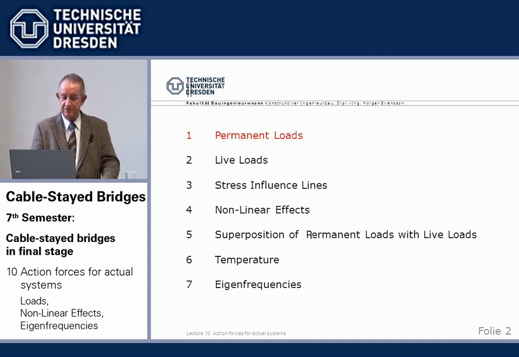We then superimpose the live loads on the permanent loads and talk about temperature loadings for cable stayed bridges and the hand calculation of eigenfrequencies of cable stayed bridges, which we need for the preliminary calculation of aerodynamic stability, flutter.